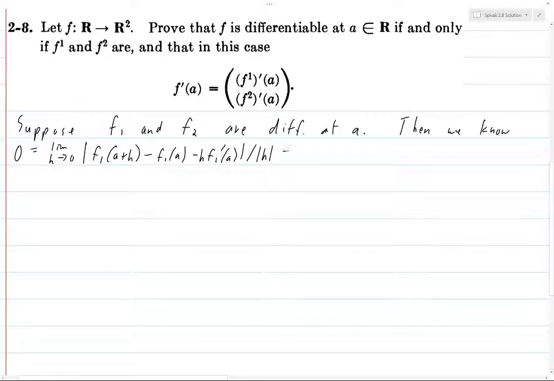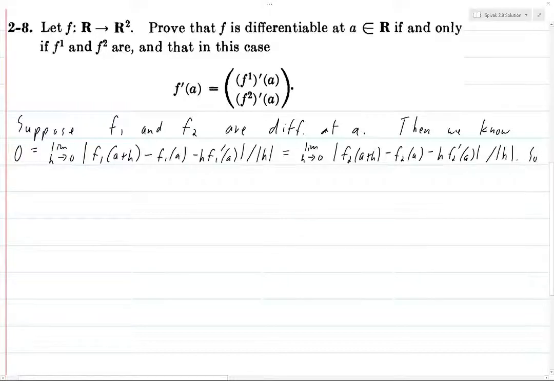Alright, and so we also have this equality for f2. So we'll just write out everything again. f2 prime over h. Okay.